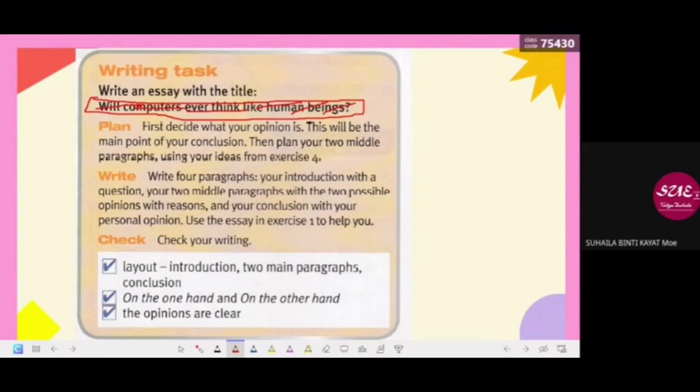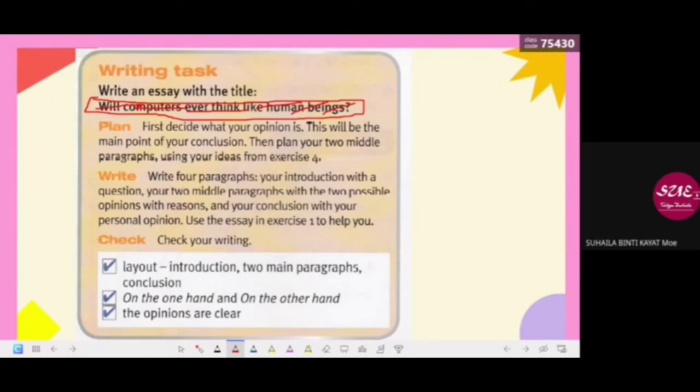Okay, whatever it is, you have to follow the plan. Alright? First, decide what your opinion is. Apakah pandangan awak? This will be the main point of your conclusion. Then, plan your 2 middle paragraphs using your ideas from exercise 4. Okay, kita tak buat exercise 4 tadi.